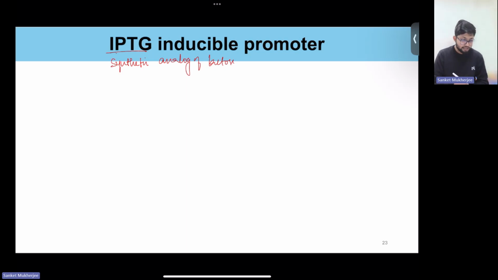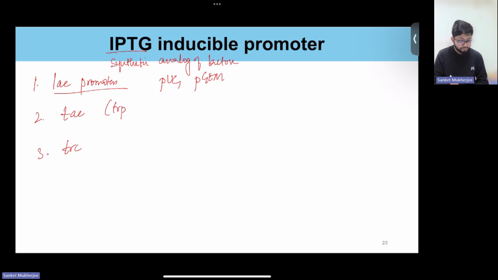So the IPTG inducible promoters are lac promoters, definitely. These promoters are present in plasmids like the pUC series and pGEM series plasmids. Then there are two more promoters, the tac promoter and the trc promoter. They are very similar because both are tryptophan-lac promoters.